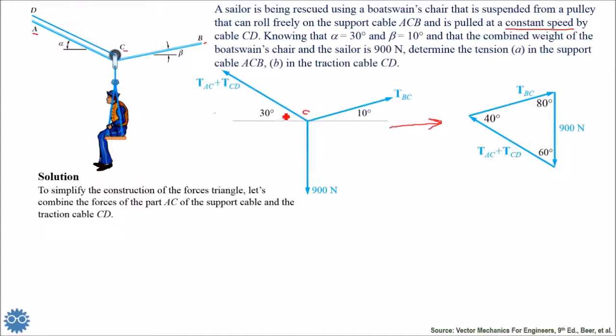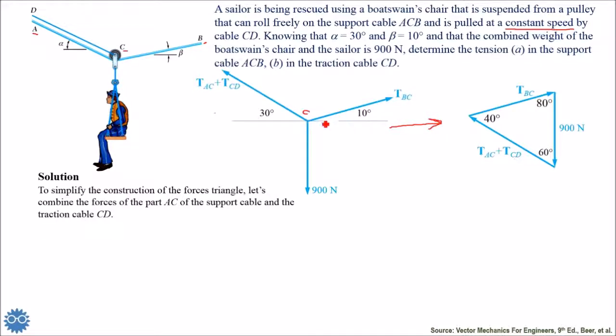So here we transfer this combined tension vector, and we have 60 degrees. Why? Because we have 30 degrees with horizontal, that means 60 degrees with vertical. Remember, we always need the internal angles of a forces triangle.